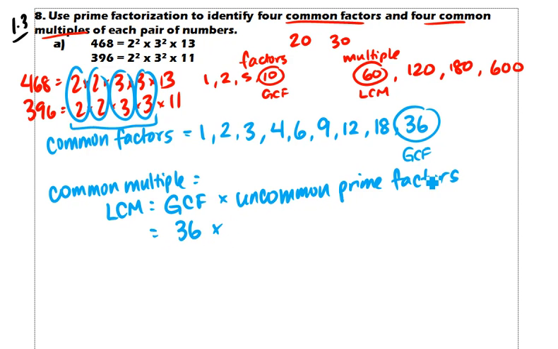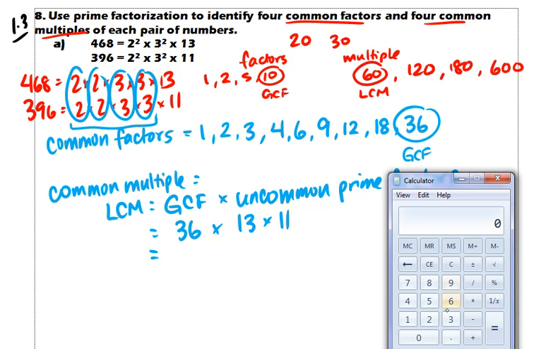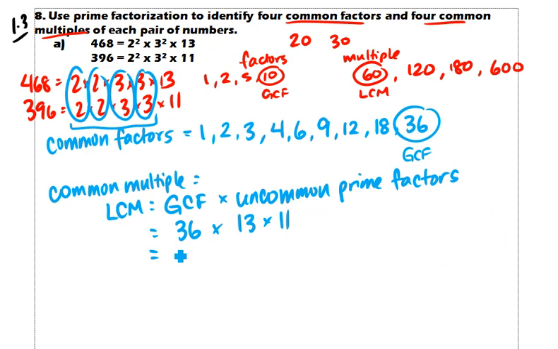And any uncommon prime factors are the 13 and the 11 that were left over. I use my calculator to multiply all 3 of these together, and I end up getting 5,148.